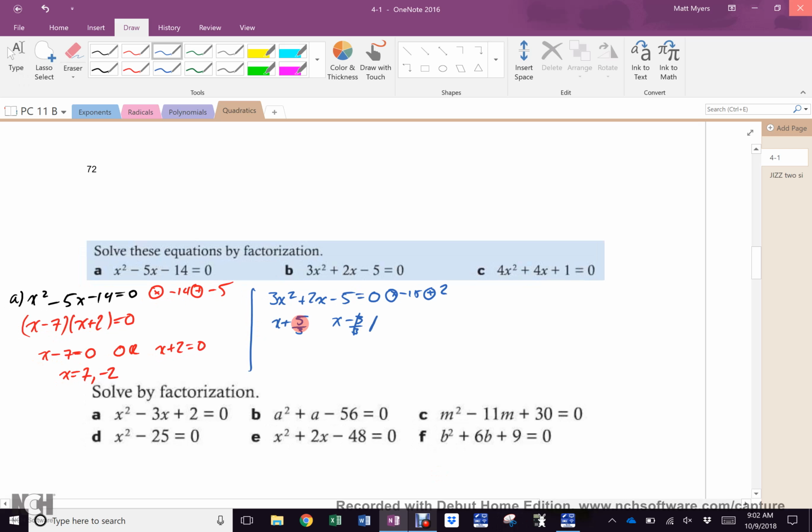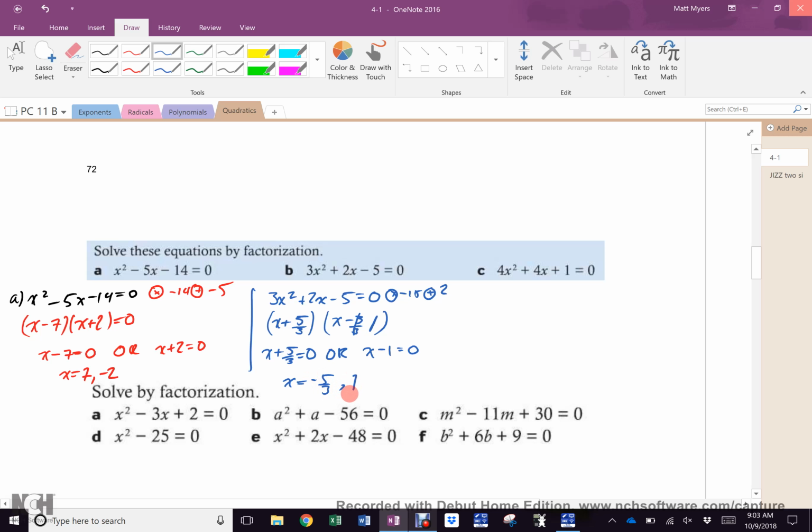So can I stop right there? Of course I can, because now I have factor times factor, don't I? So either x plus 5/3 has to equal 0, or x minus 1 has to equal 0. And the answers are, of course, negative 5/3 and 1.